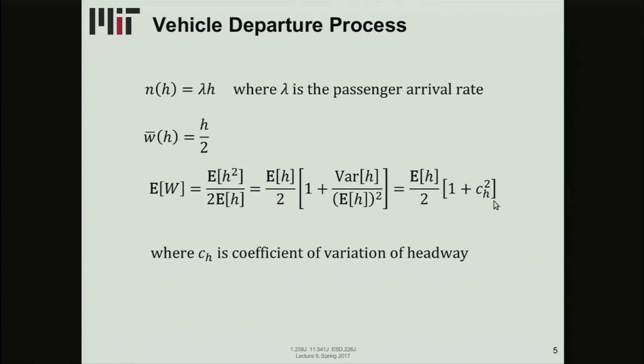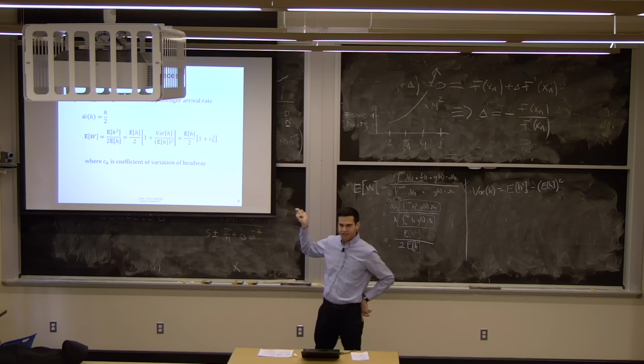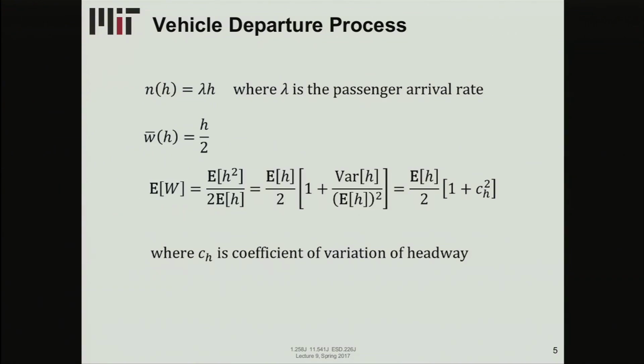And that adjustment factor is 1 plus some amount. That amount is what we call the coefficient of variation squared. So coefficient of variation is standard deviation divided by mean. So we have normalizing the standard deviation. You square that quantity, you add it to 1, and that'll increase your waiting time by some amount.